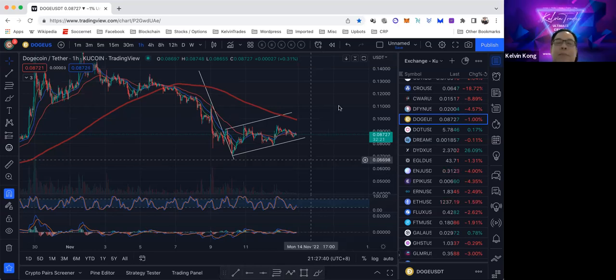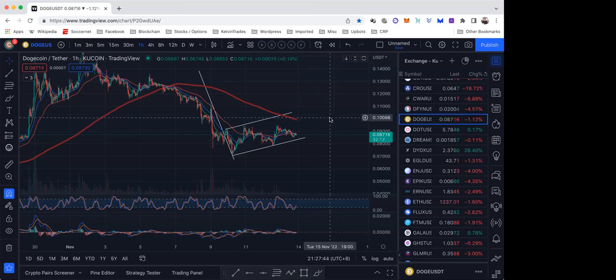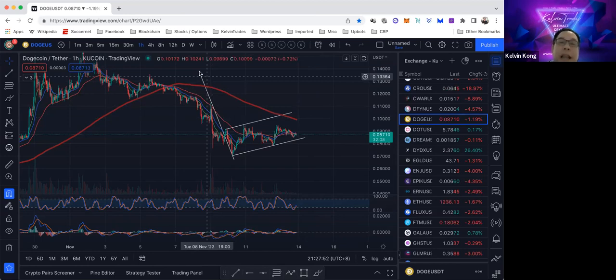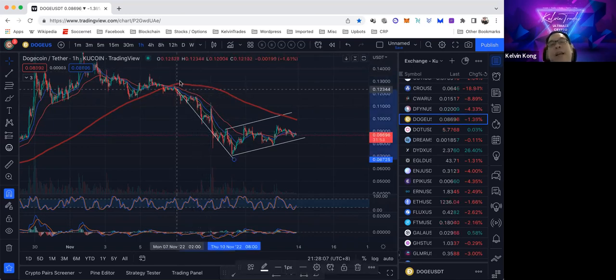Well, the bull or bear flag doesn't matter. You don't take that into consideration, you look at the shape. It looks like a bear flag to me. It's coming down, this is like your flagpole, a bit slanting.